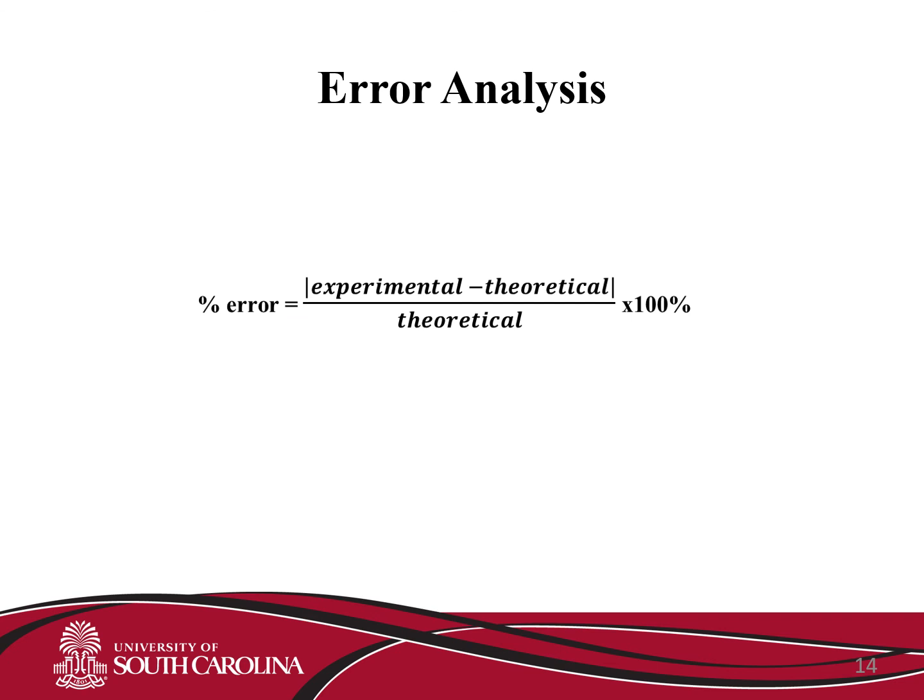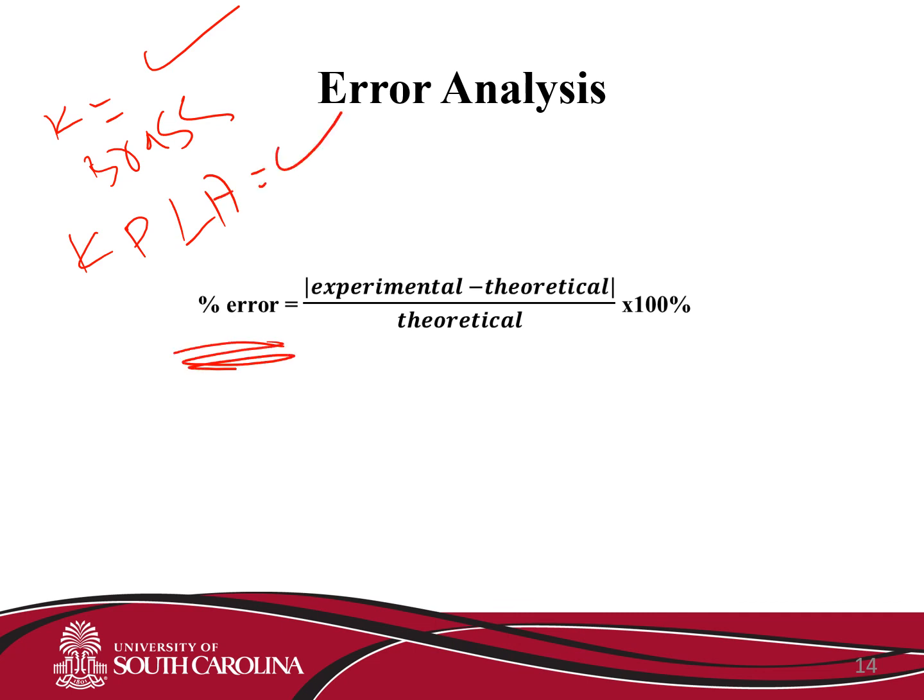So finally, once you find the thermal conductivity of the metal, which is brass, and the thermal conductivity of PLA, you need to find the error. Experimental is what you got from your measurements.